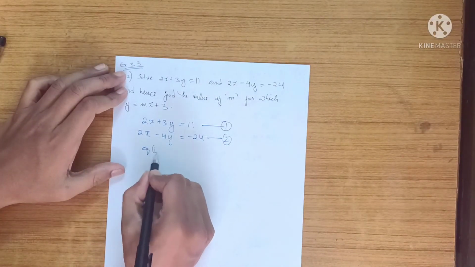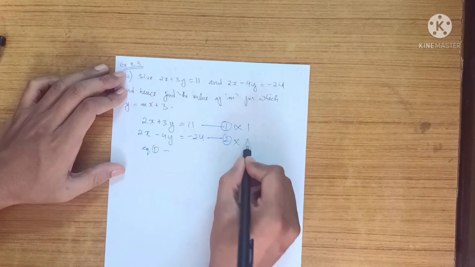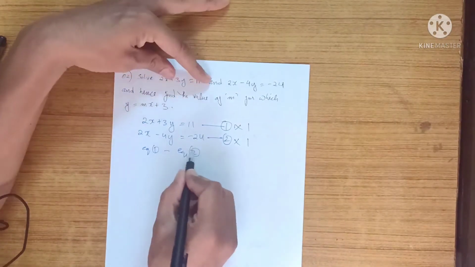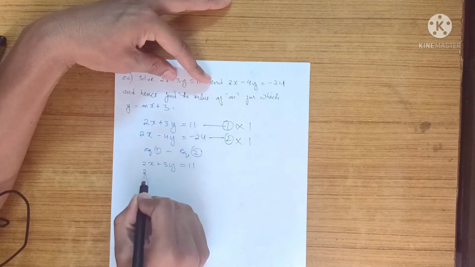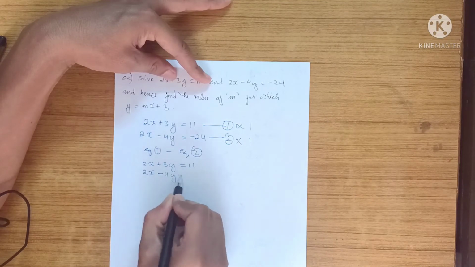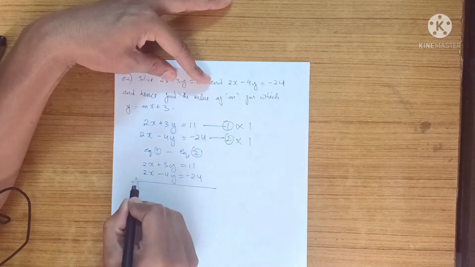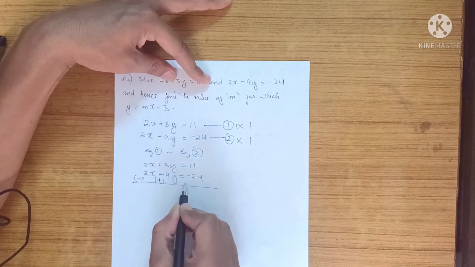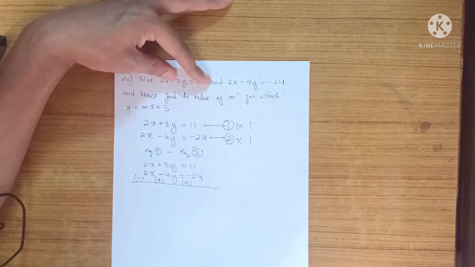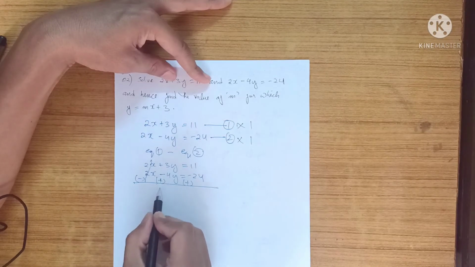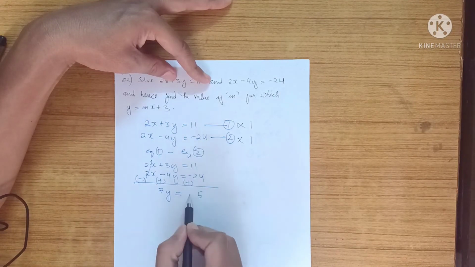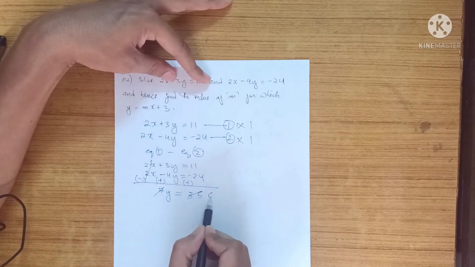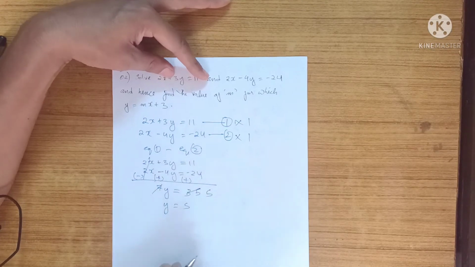So equation 1 minus equation 2. 2x plus 3y equal to 11. 2x minus 4y equal to minus 24. This will become minus, this will become plus. These two cut off. 3 plus 4 is 7y. Remember, this sign doesn't matter anymore. 35 by 7 is 5, so y equal to 5.